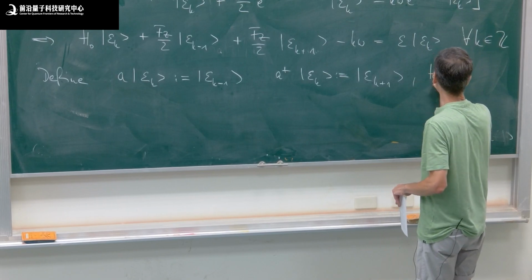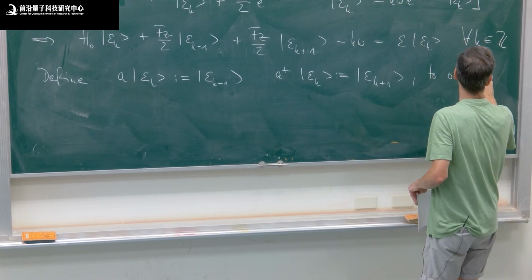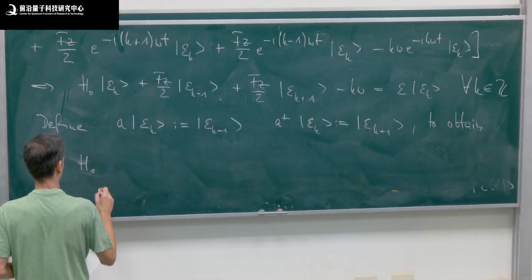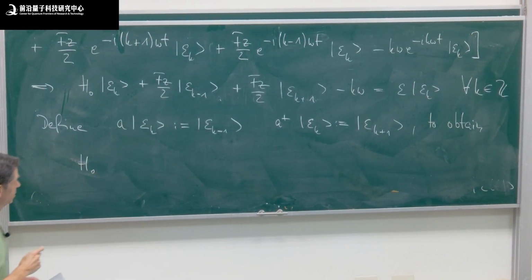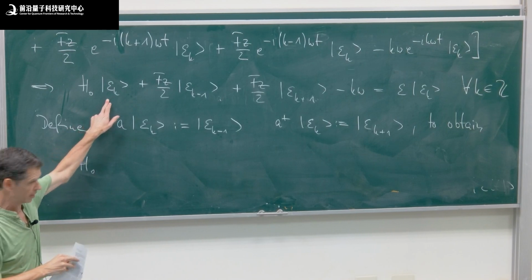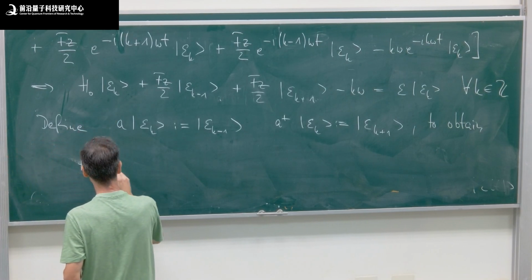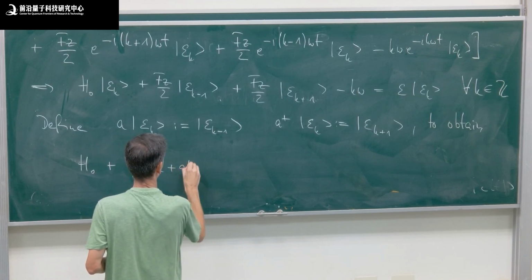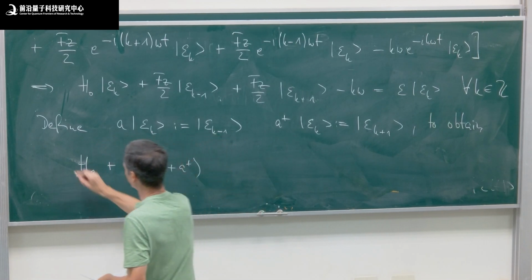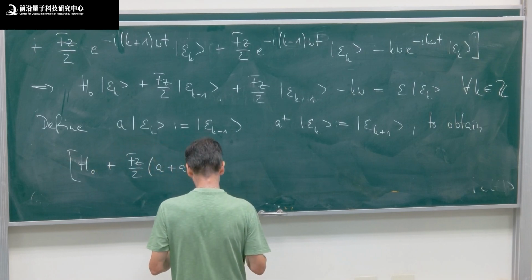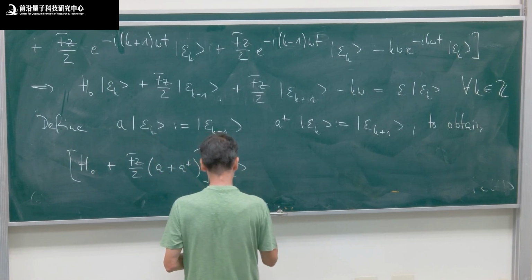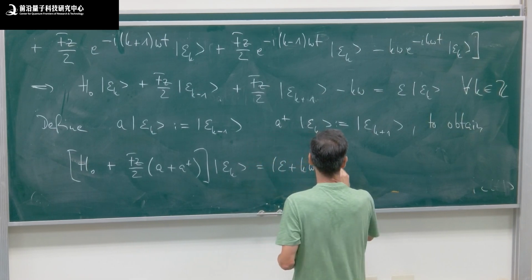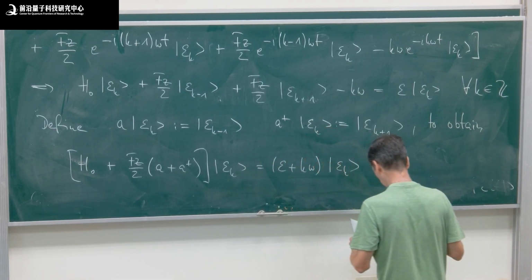To obtain the following form of this eigenvalue equation now for the epsilon k, right? H naught plus Fz halves (A plus A dagger) times epsilon acting upon epsilon k equals epsilon plus k omega acting upon epsilon k for all k.